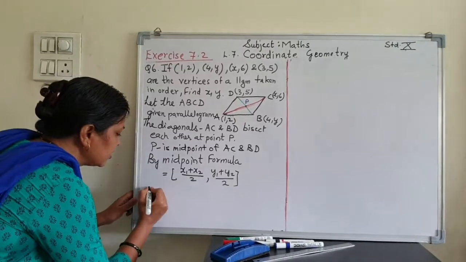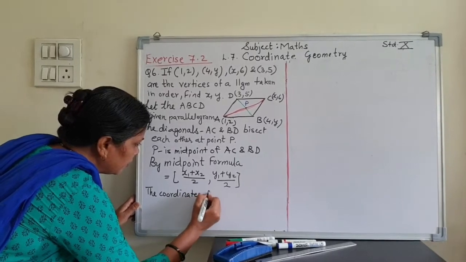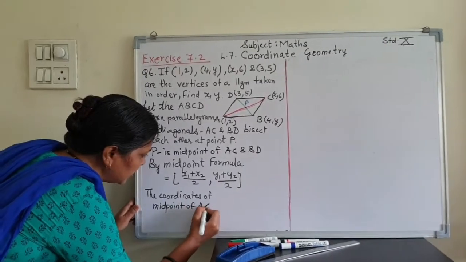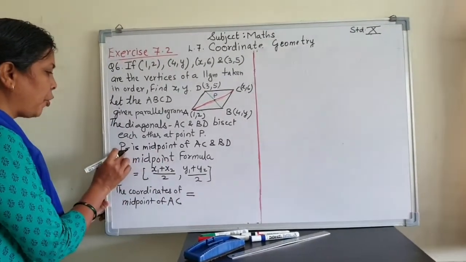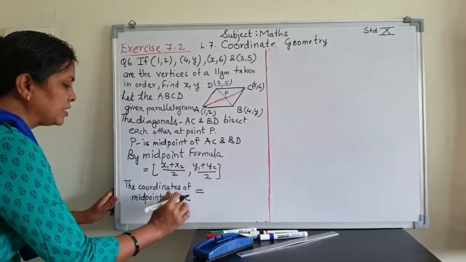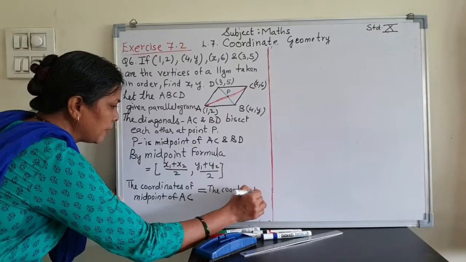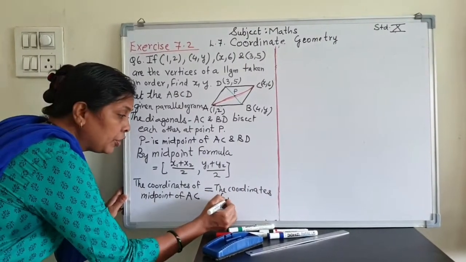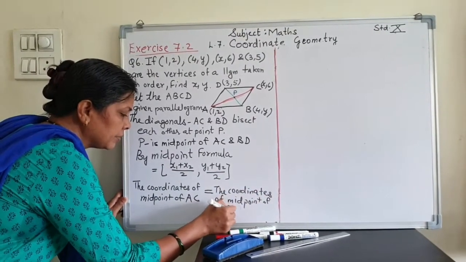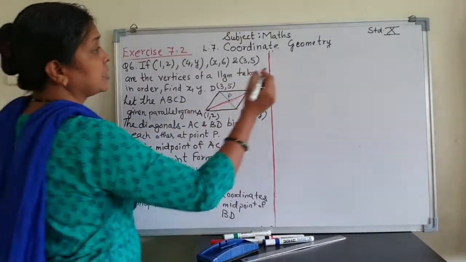So by using this, what we can say is the coordinates of the midpoint of AC are equal to the coordinates of the midpoint of BD, because point P is the midpoint of AC as well as BD. So let's use the midpoint formula to find the coordinates of the midpoint of AC.